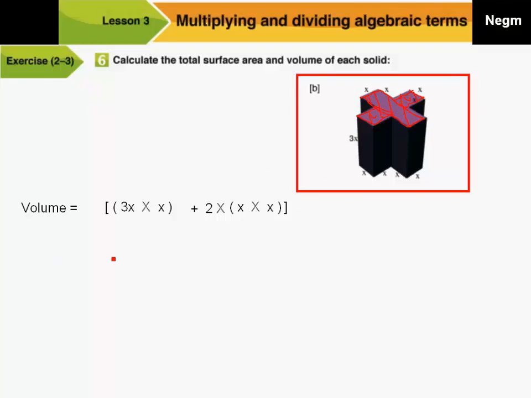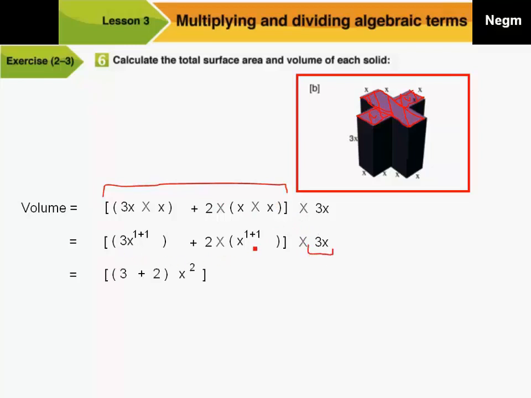Volume will be this area, which is the base area, times the height of the shape, which is 3x. So this will be multiplied by 3x. Okay, simplify. We have 3x to power 1 plus 1 plus 2 times x to power 1 plus 1, all multiplied by 3x. If we take x to power 2 outside, we'll have inside the brackets 3 plus 2 times x squared times 3x. This is 5.